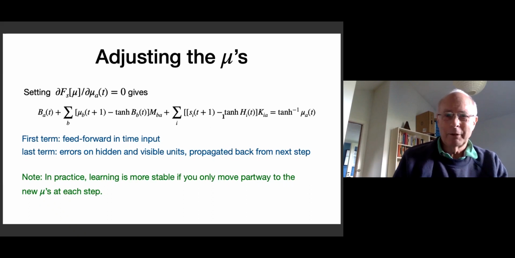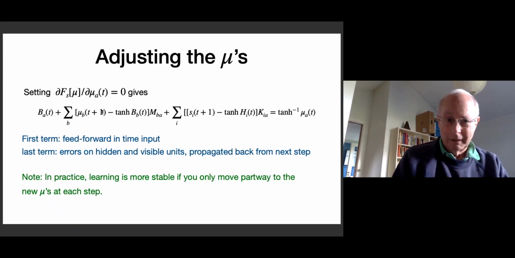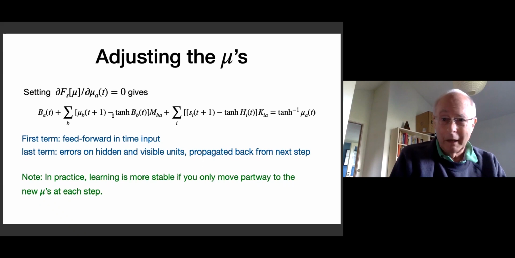And this is where the sort of back propagation in time comes from. Right? Each one sort of feels the error sent back through the matrix from the following step in time. And now when you differentiate the entropy, you get that inverse tangent.